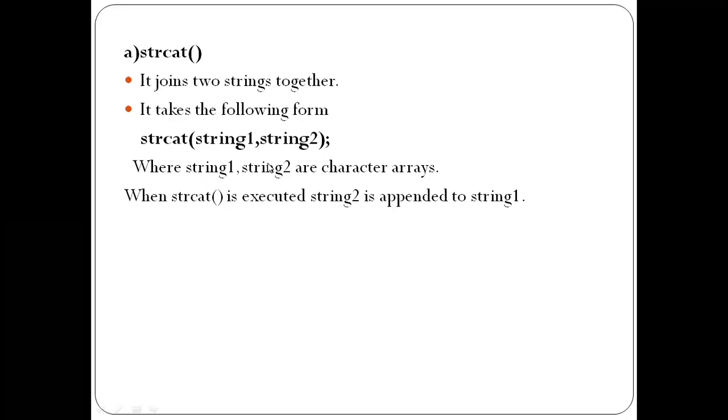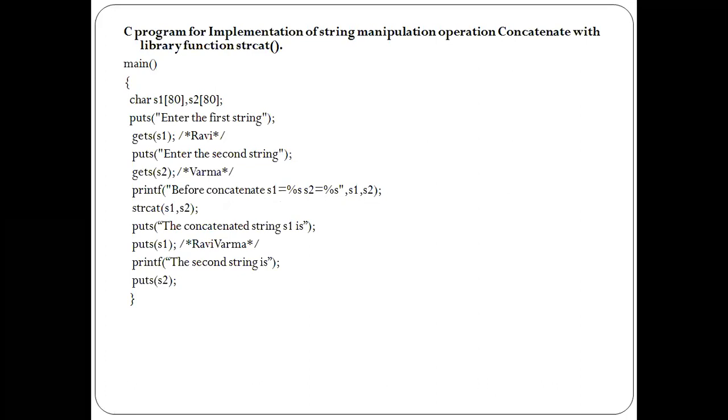Like the assignment operator, the right hand side data will be joined to the left hand side data. This is the example of string concatenation. String concatenation means string 2 data goes to string 1.